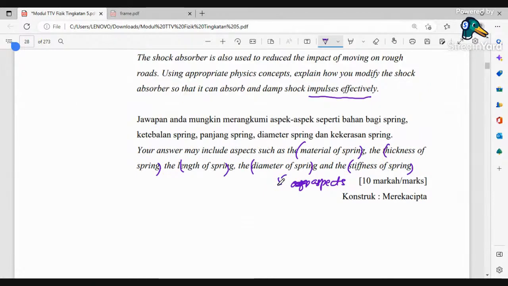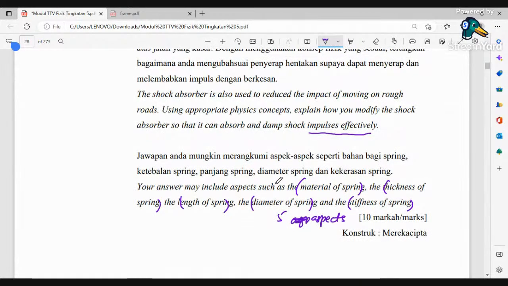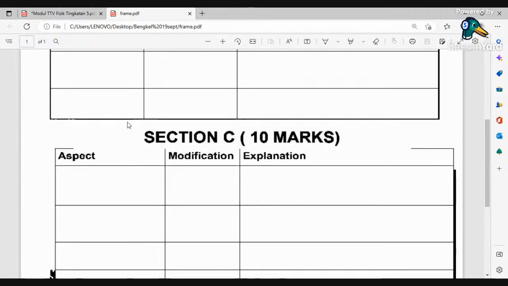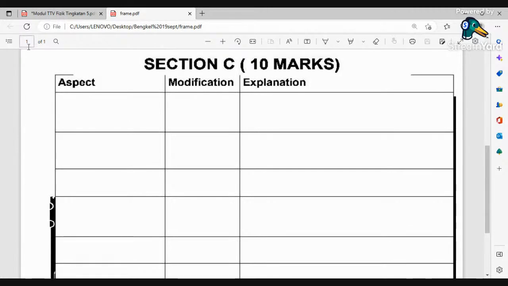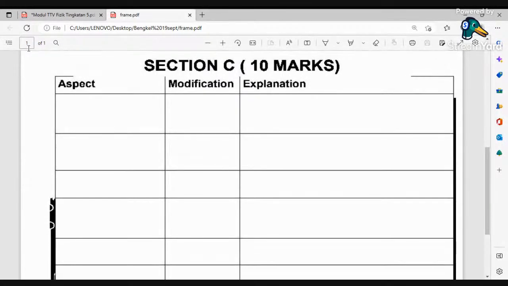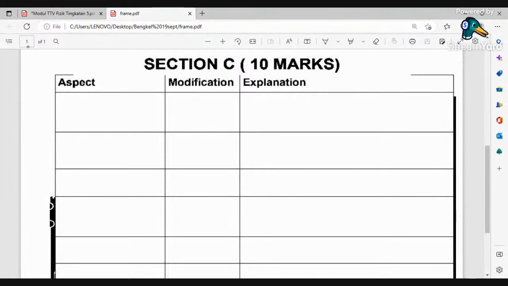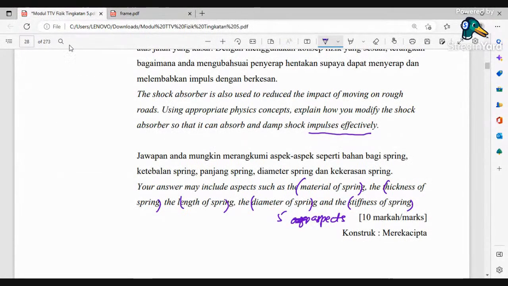Okay, untuk soalan ni kita akan tulis dalam table form for section C. So write down all the aspects. The first, material of the spring. Okay, we write again all the aspects given.